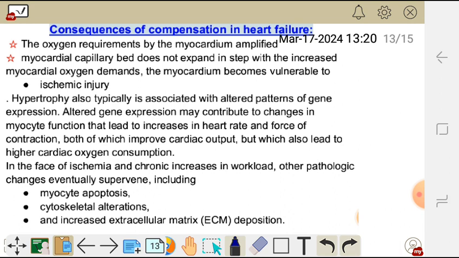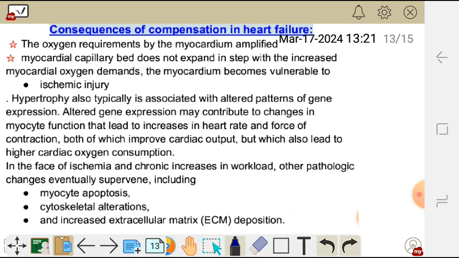So in the face of ischemia, which we have already talked about, and chronic increase in workload, other pathologic changes eventually will be seen. Okay, so if we have ischemia, we are going to have myocyte apoptosis.